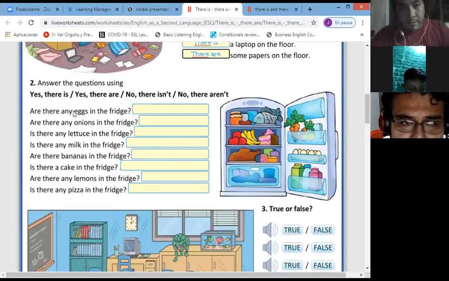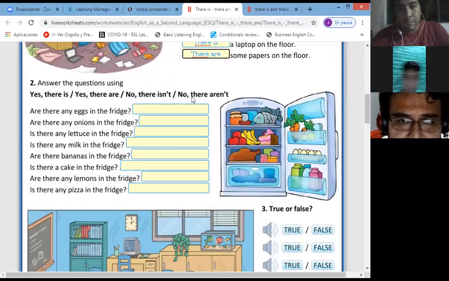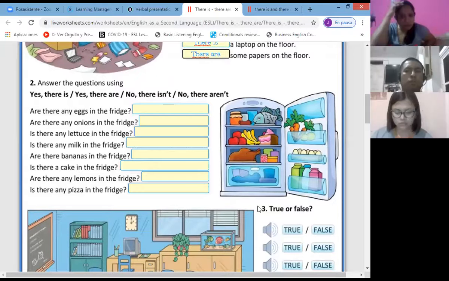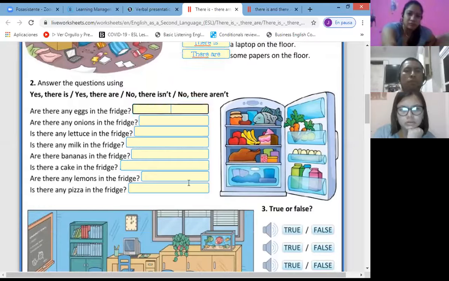So we're gonna work on these questions, answering using yes, there is, yes, there are, no, there aren't. Okay, Gabby, are there any eggs in the fridge? Look at this. This is your example. Are there any eggs? No, they aren't.